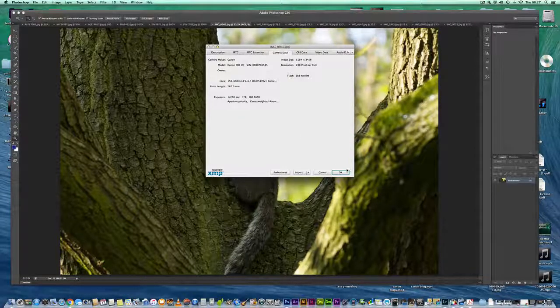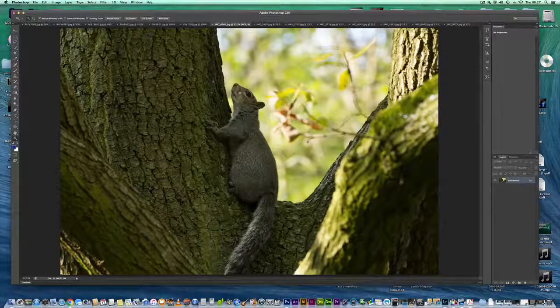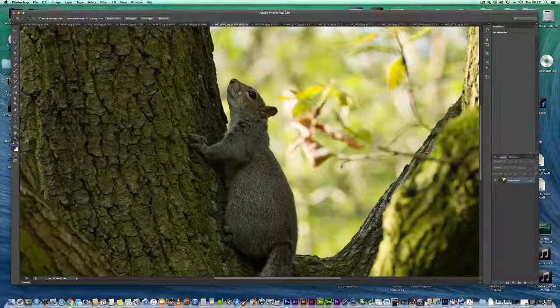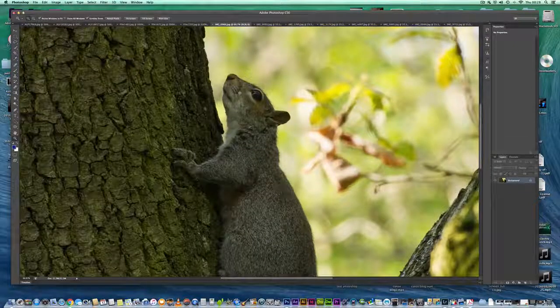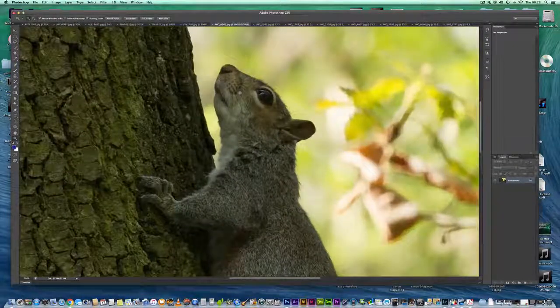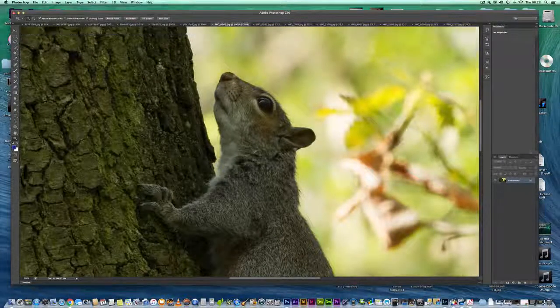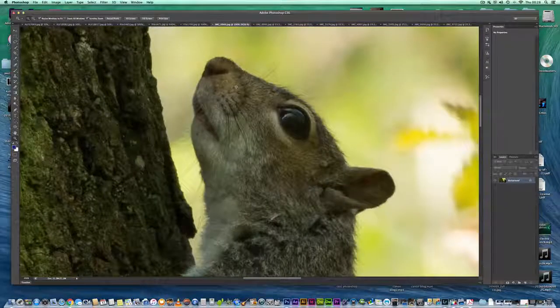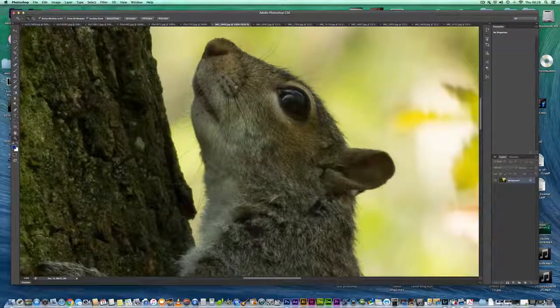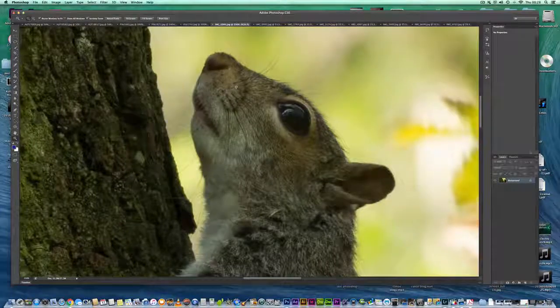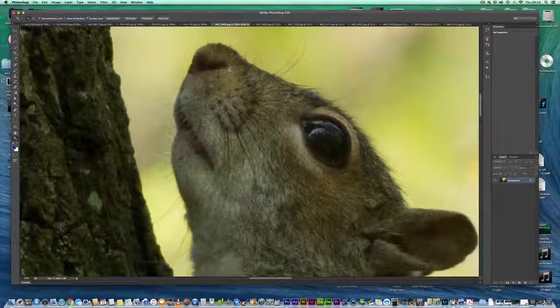So let's just have a look. 50%, 100%. So like I said, it's quite dark, so I had to push the ISO on this. 200%, 300%.